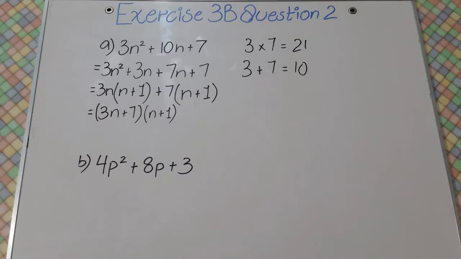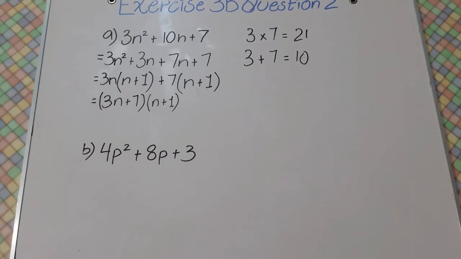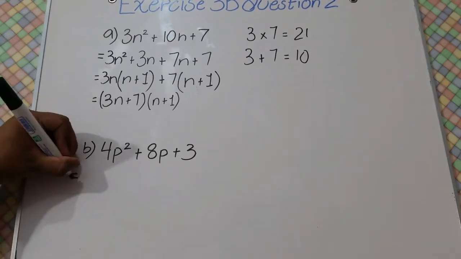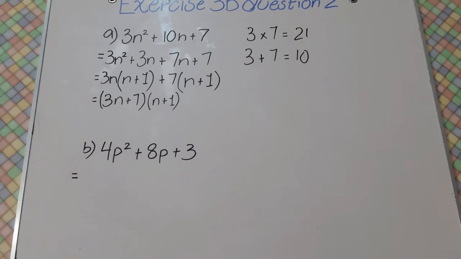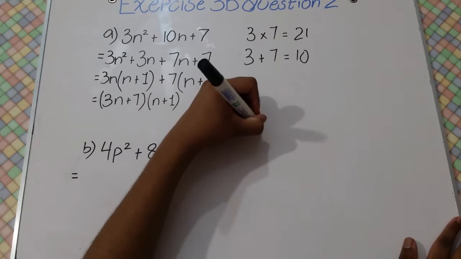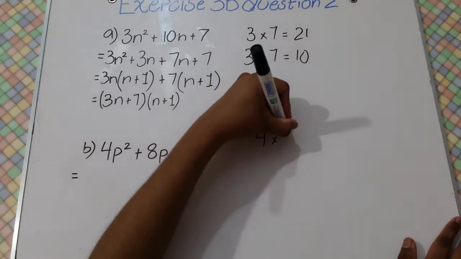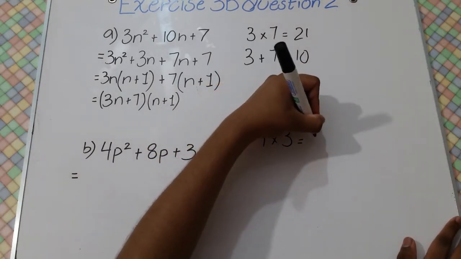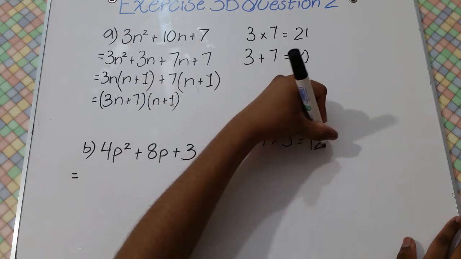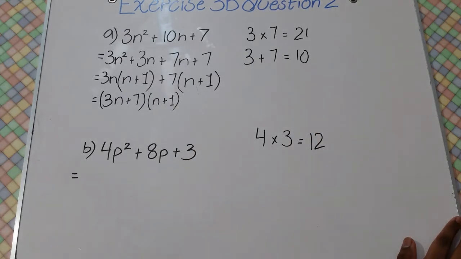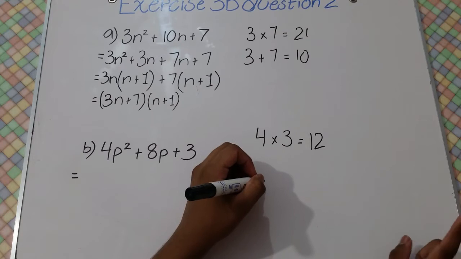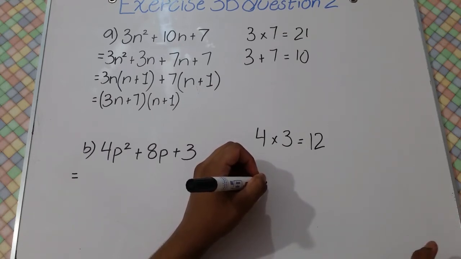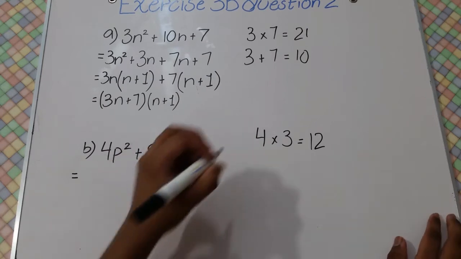Fine. Now let's solve part B. We are going to do the same thing. I'm going to multiply 4 with 3, so 4 3s are 12. Now we need to find two numbers which by multiplying give 12, and by adding give 8.